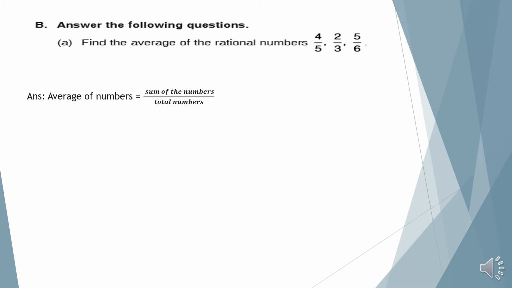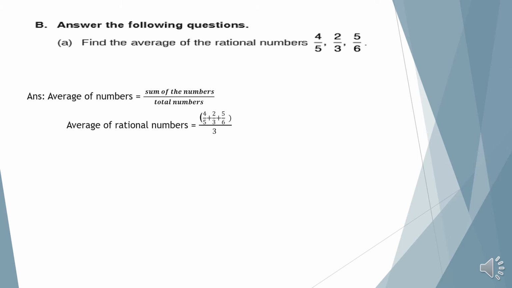The same concept we will be using to find the average of rational numbers. So in this question, average of rational numbers is equal to 4 by 5 added to 2 by 3 added to 5 by 6, divided by 3. Now to find the sum of the rational numbers, the first step is to find the LCM of the denominators.